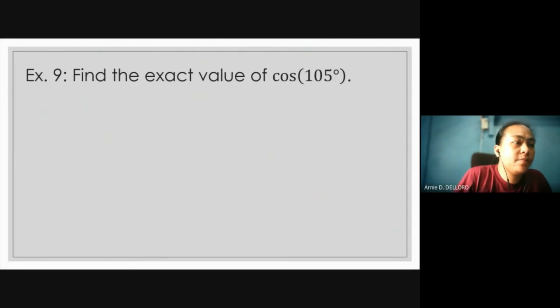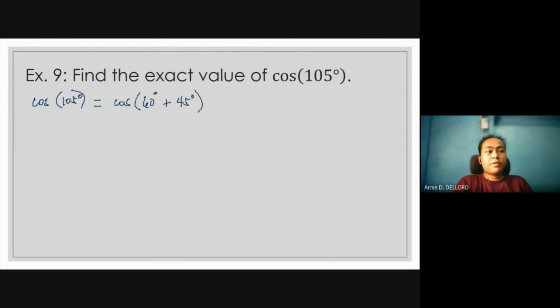So, hanapin nyo lang. Cosine 105 degrees can be expressed, pwede natin siyang kunin na cosine 60 degrees plus 45 degrees. Kasi di ba 60 plus 45 is equal to 105. Meron pa bang iba?